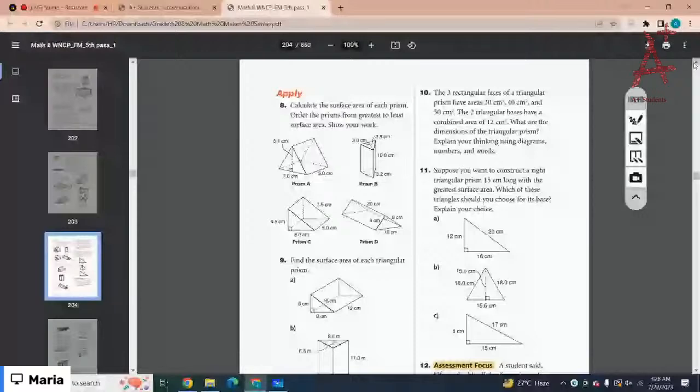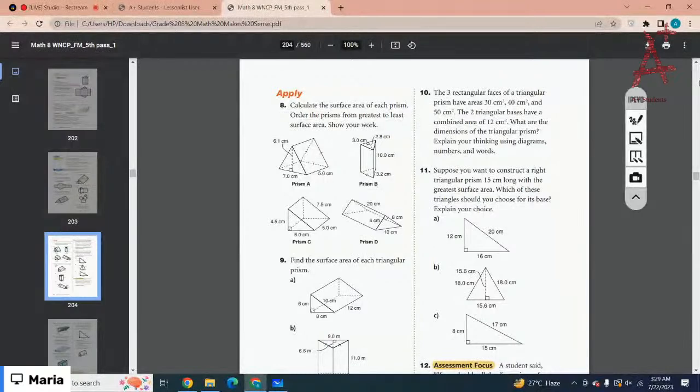The two triangular bases have the combined area of 12 centimeter square. What are the dimensions of the triangular prism? Explain your thinking using diagrams, numbers, and words.